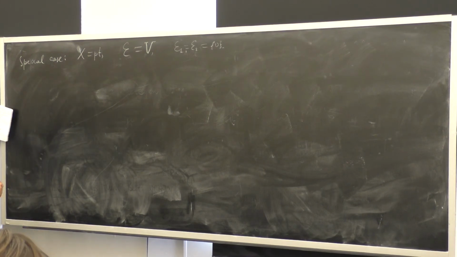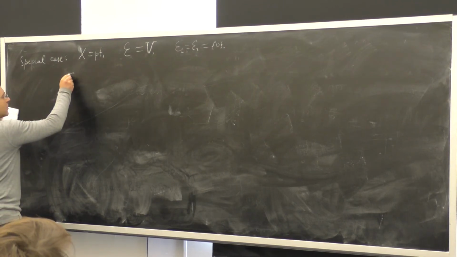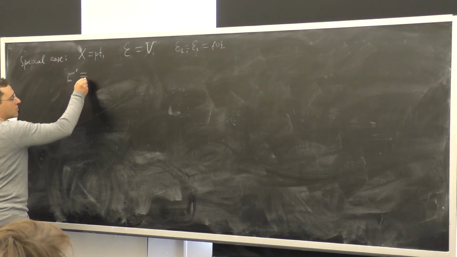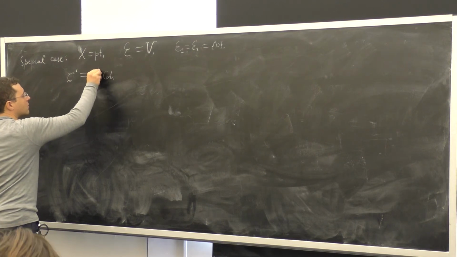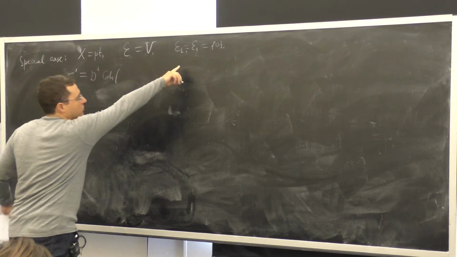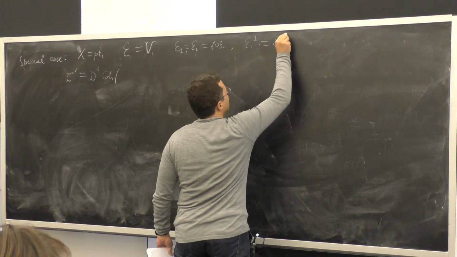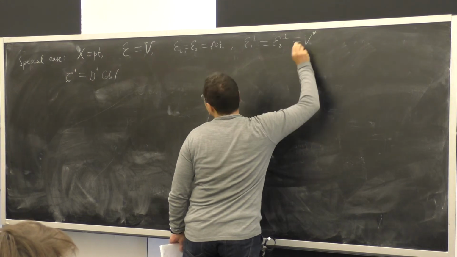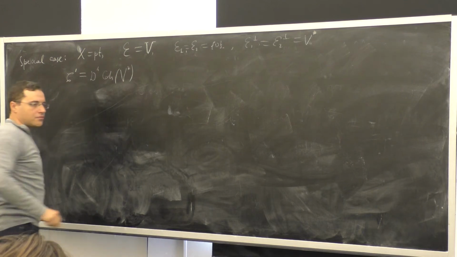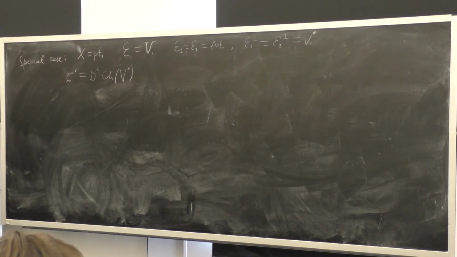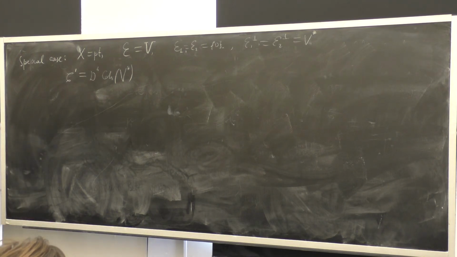Then C prime is particularly nice. C prime is just coherent sheaves on the orthogonal to 0, which is V star. So E1 perp is equal to E2 perp is equal to V star. So this is just coherent sheaves on V star, so just modules over the polynomial algebra, as simple as it gets.